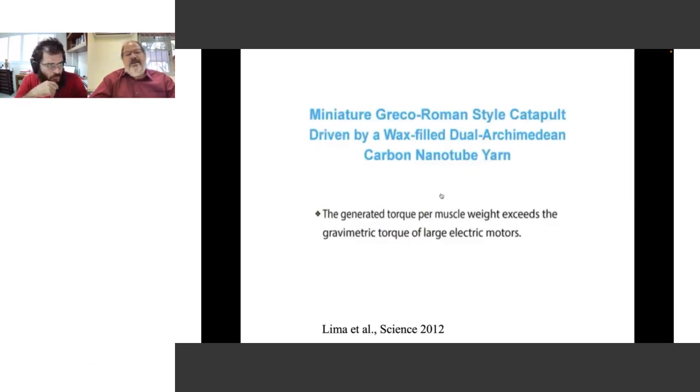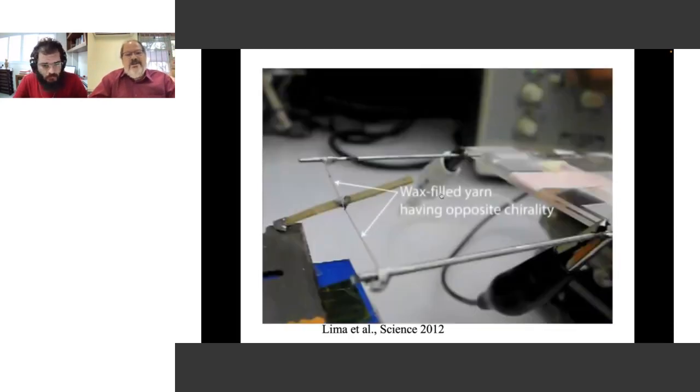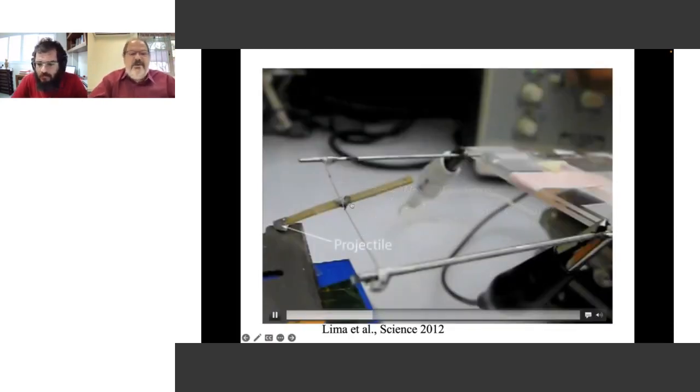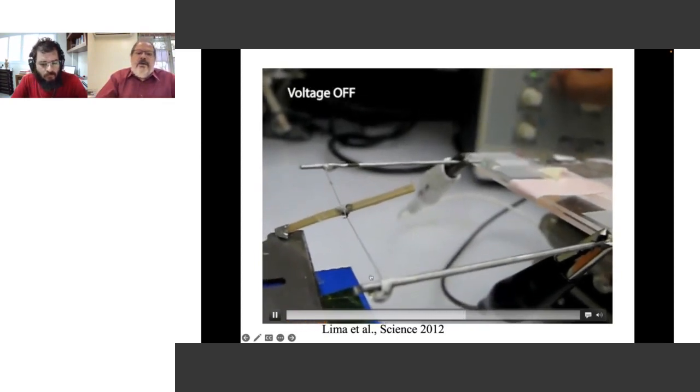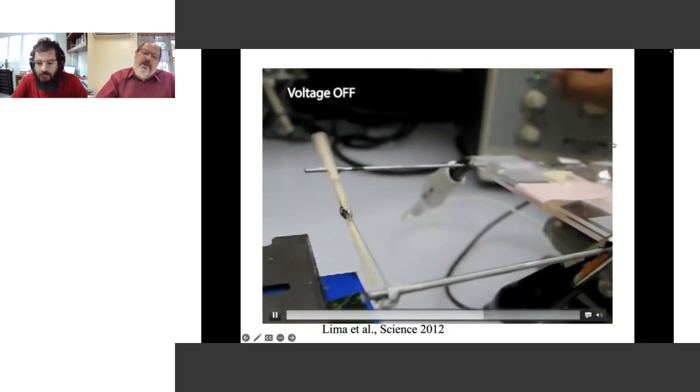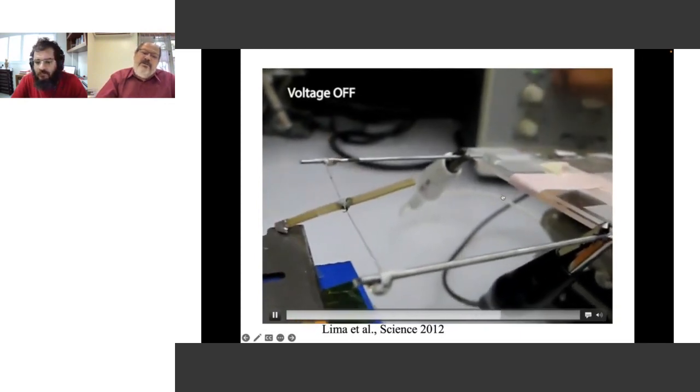Okay, let's see. How strong are these materials? I have the yarn here with paraffin. This is a nanocatapult, okay? The catapult arm, this is wood, and I apply a current here. See, it's amazing. It's very effective.